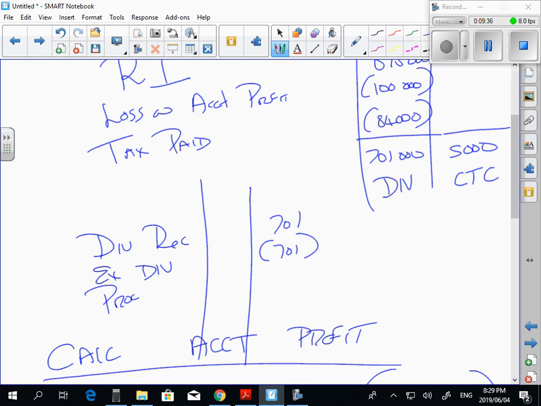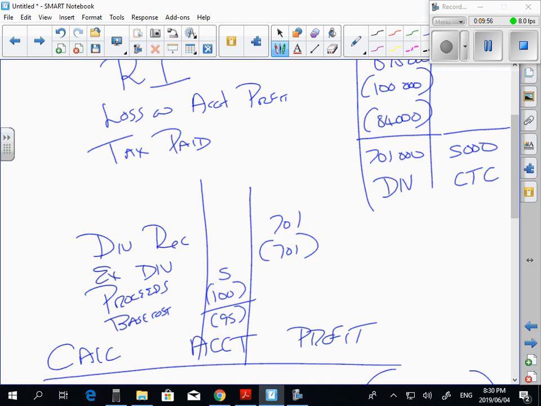I'd say proceeds is equal to 5,000. Base cost, 100, because I told you to put 100 cost in. And how much would your loss be? 95.